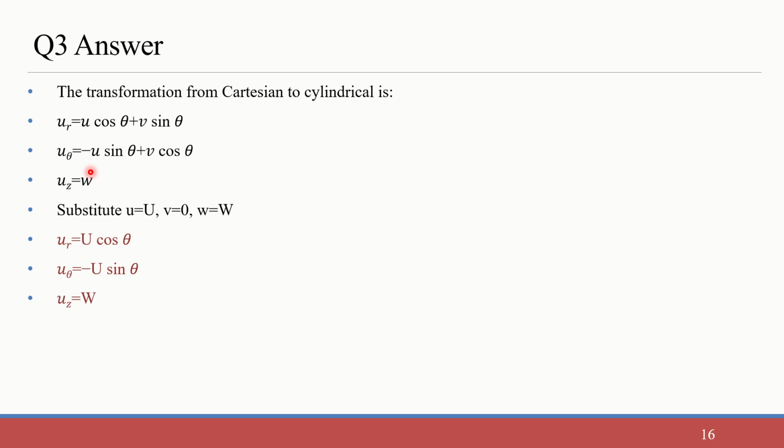We substitute all the known values in it and we get the final answer. It was asked in the question to find u theta. So u theta is equal to minus of capital U into sin theta. That is how we get the answer. So that is for question 3.